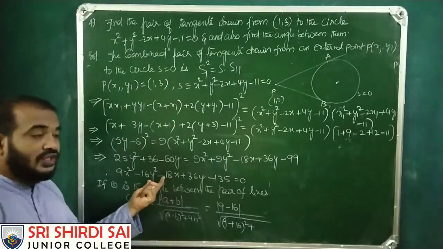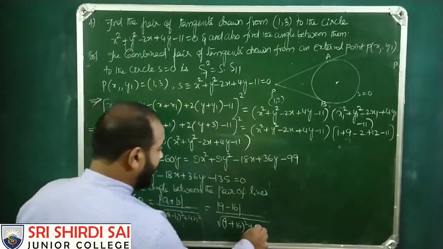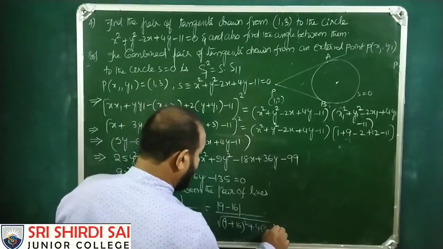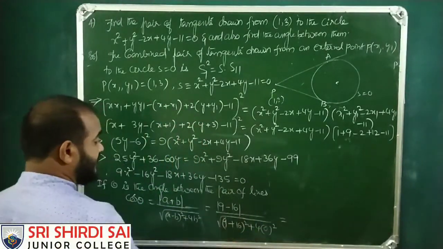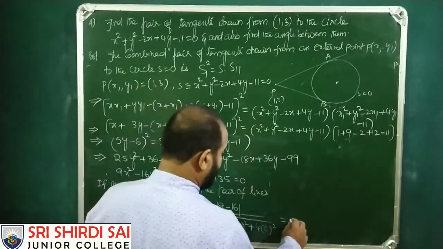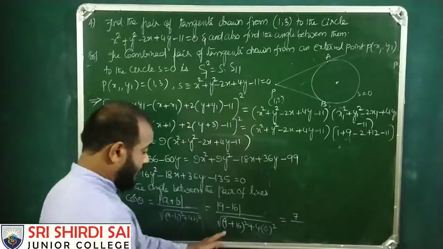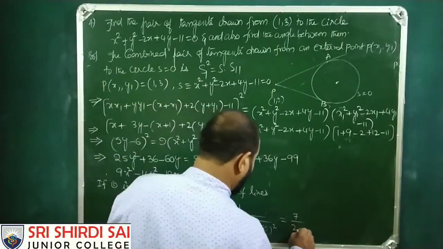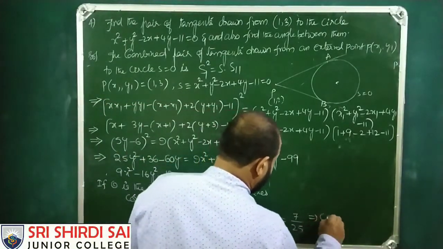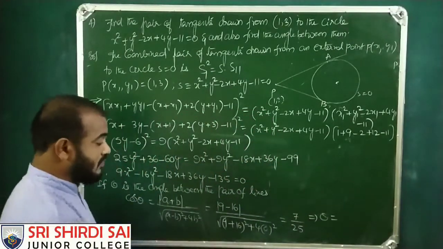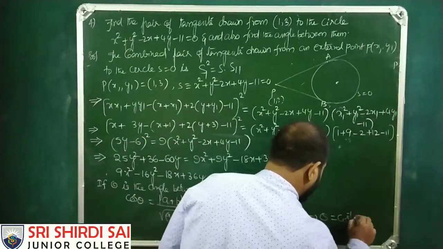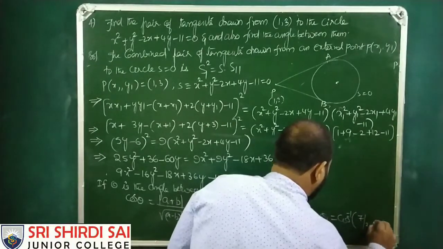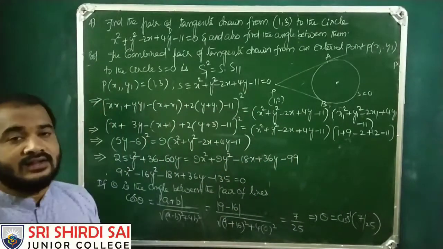Since here coefficient of xy is not there, therefore 4 into h is 0 square. So this is equals to 9 minus 16 is minus 7. So modulus means 7 by, 9 plus 16 is 25, whole square. Square root gets cancelled, 25. Therefore theta is equals to cos inverse 7 by 25, which is the required angle between the pair of lines.